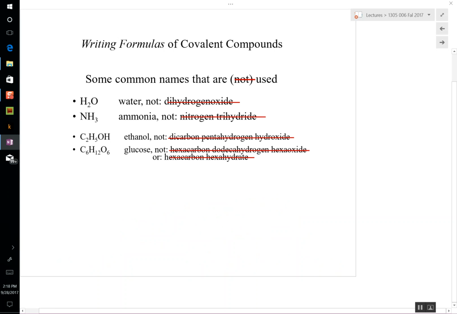All right, just to mention a few things here that are so common that we don't use the nomenclature. We just use their common name, like water, H2O. We don't call it dihydrogen oxide. We call it water. NH3 is ammonia. We'll see here in a minute.